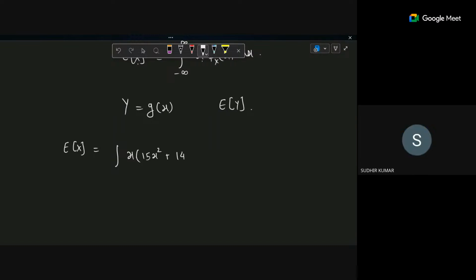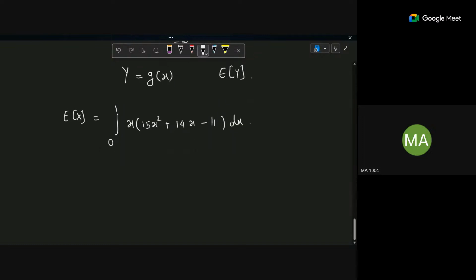0 to 1. 14x minus 11. Sorry, ma'am, yes, 11. Okay. So now this is just an integration, so I'm just writing it.